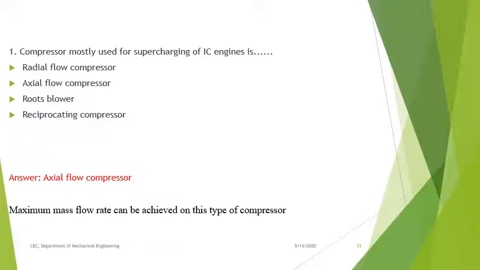Maximum mass flow rate can be achieved on this type of compressor. The intention of providing compressor in a supercharging is to supply maximum amount of air at higher density into an engine. The maximum flow rate can be achieved in axial flow compressor. For that reason, in supercharging of an engine, the compressor is mainly provided with axial flow compressor.